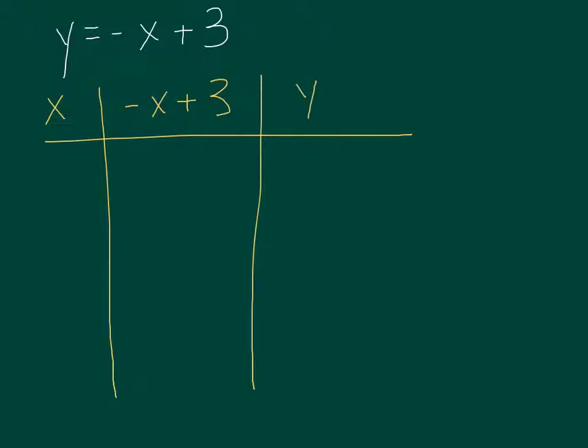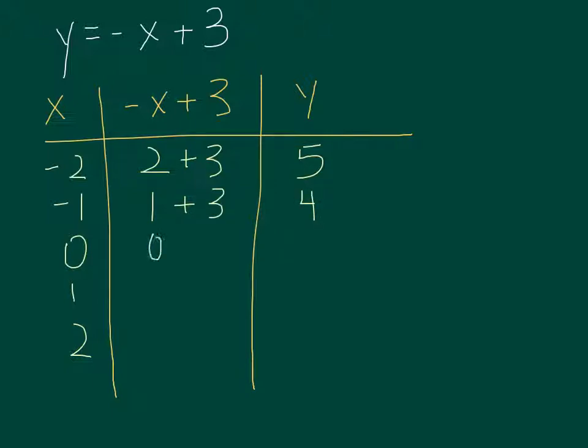So, say your x's were negative 2, negative 1, 0, 1, and 2. Negative 2, if you were to plug it into here, it would become 2 plus 3, which is 5. Negative 1, same thing, 1 plus 3, which is 4, and this would just be 0 plus 3, so on and so forth.